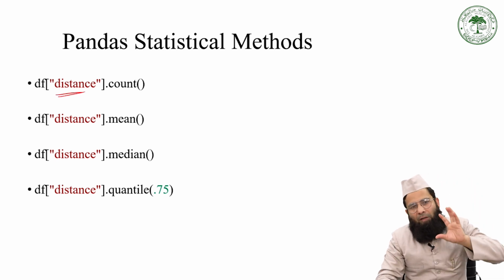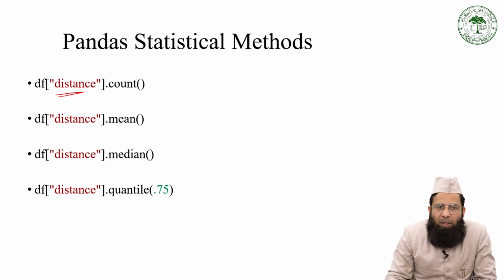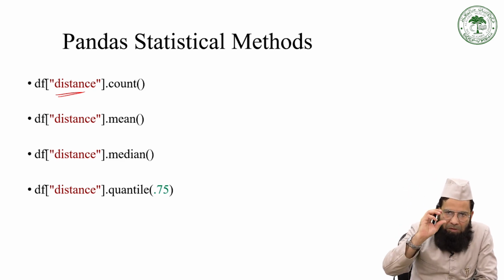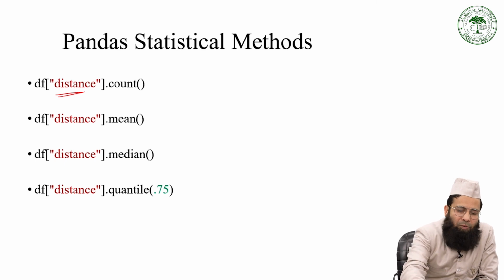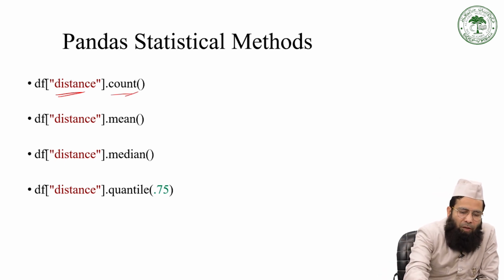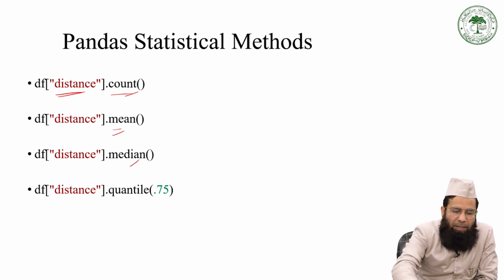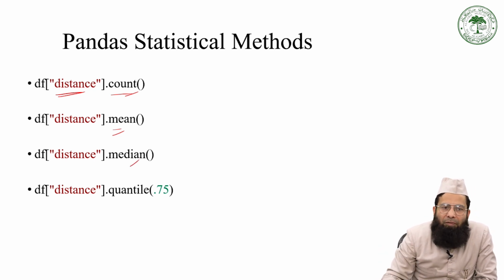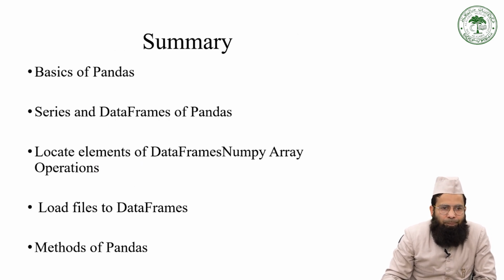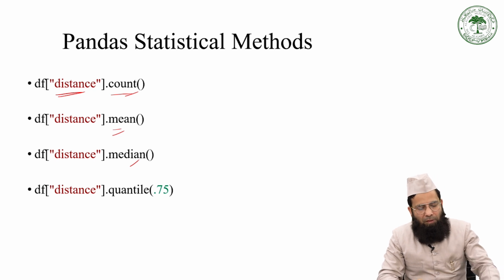If you need to find out the total number of cells in this particular column, we can find out using count. Similarly, if you need to find out the mean of a single column, median and quantile, all these we can use using these statistical methods. So before summarizing, let me switch to the editor.